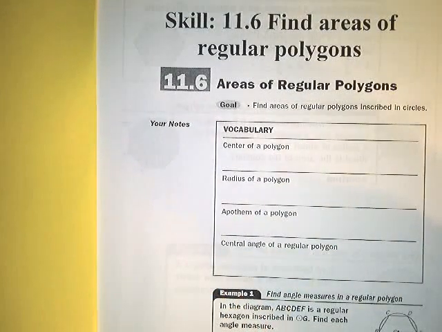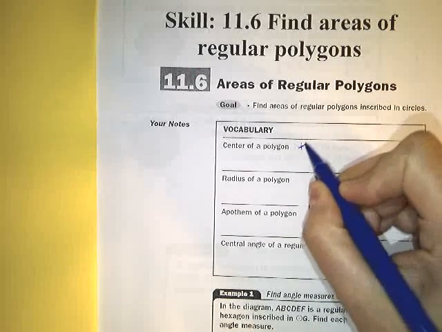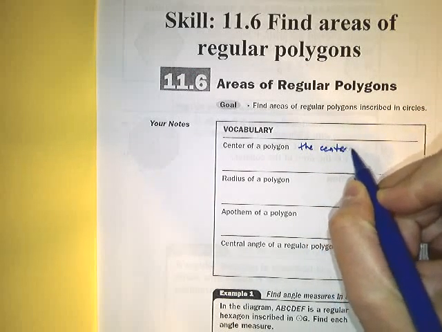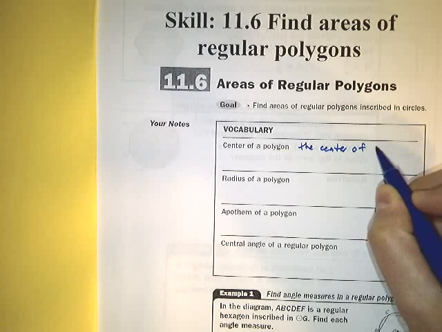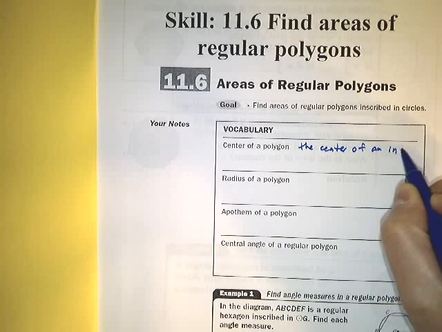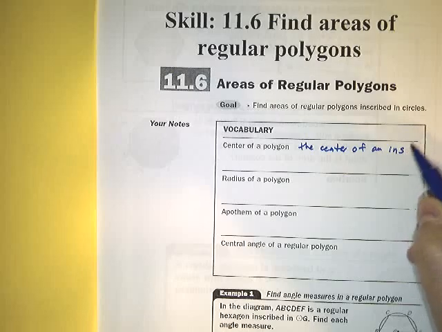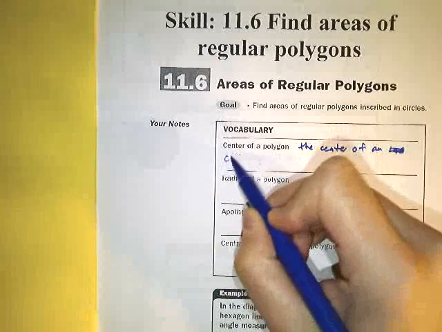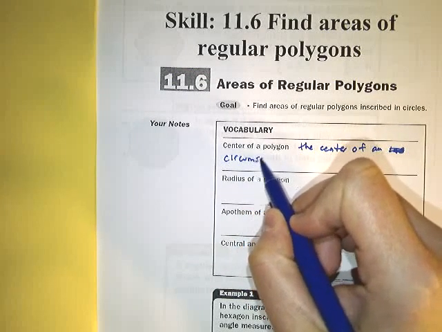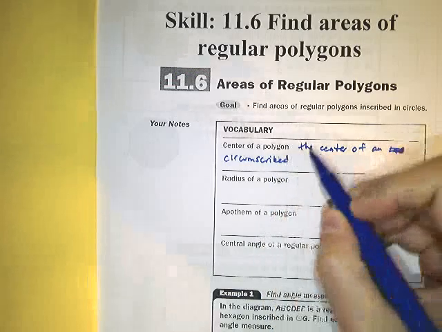The center of a polygon is basically the center of a circumscribed circle.